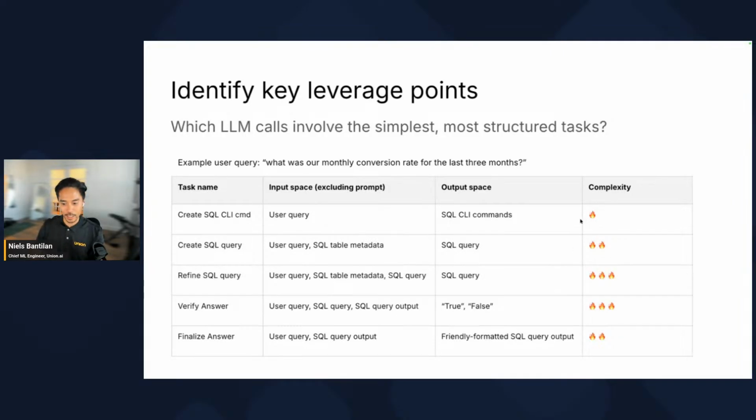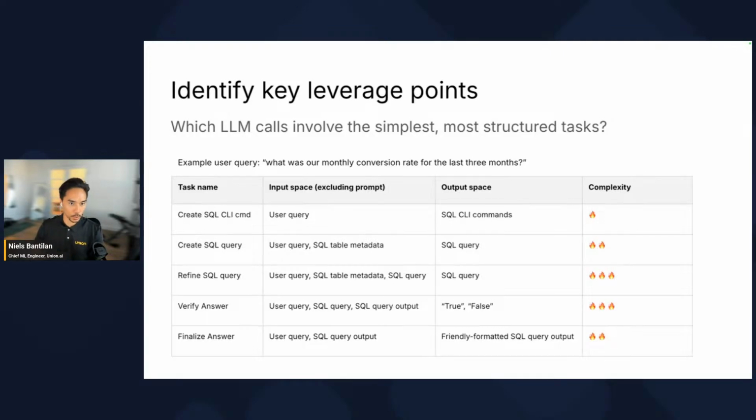But this is basically just illustrating that maybe I can start swapping in SLM calls for this step that creates a SQL CLI command to get the metadata, the table schemas that are relevant to the query, right?